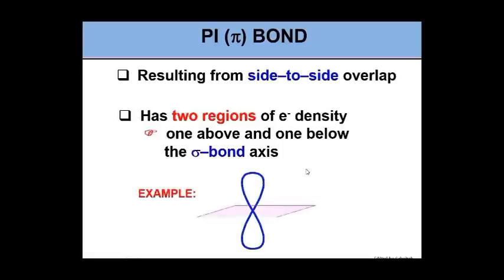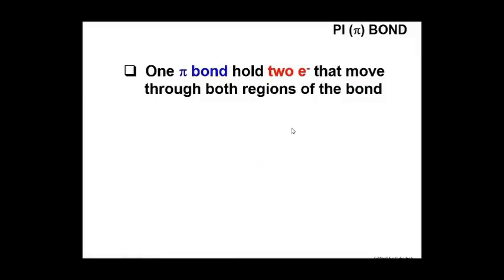For example, we have a dumbbell 2pz orbital that will overlap with another 2pz orbital, and here it shows side-to-side overlap producing a pi bond. One pi bond holds two electrons that move through both regions of the bond, and a pi bond restricts rotation.